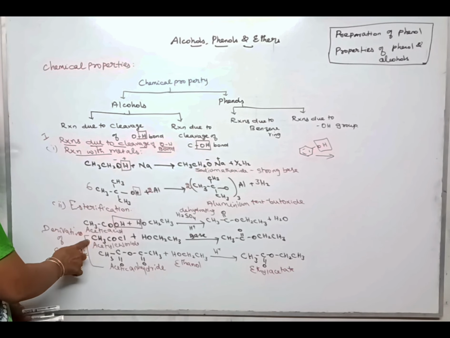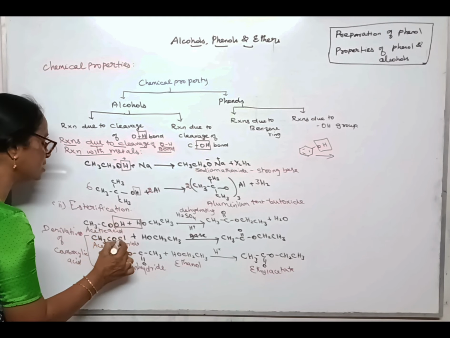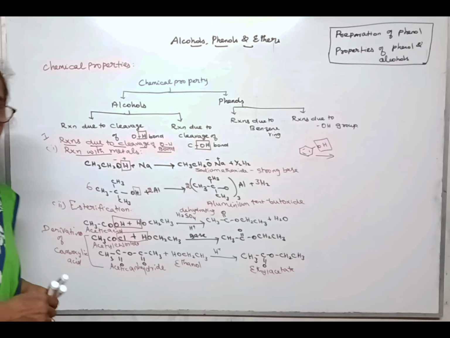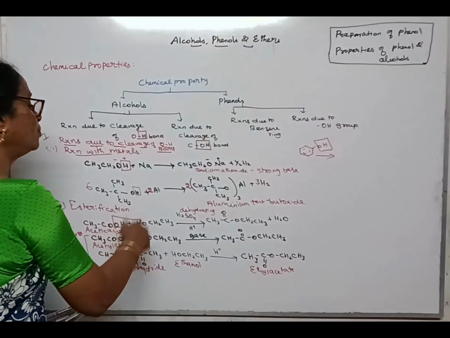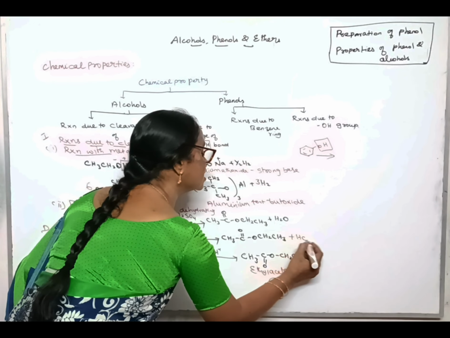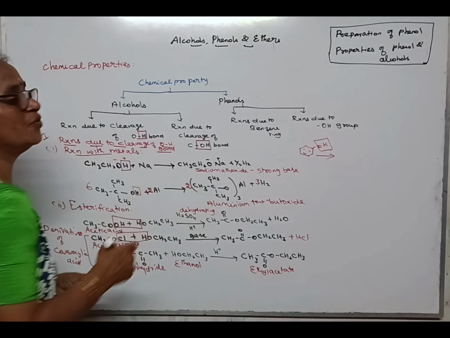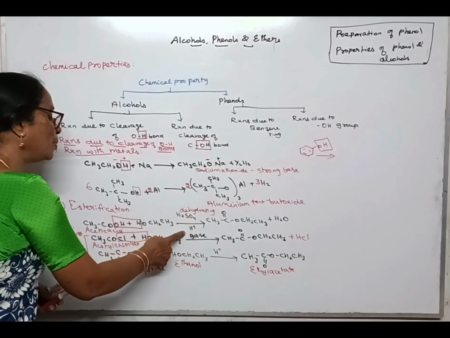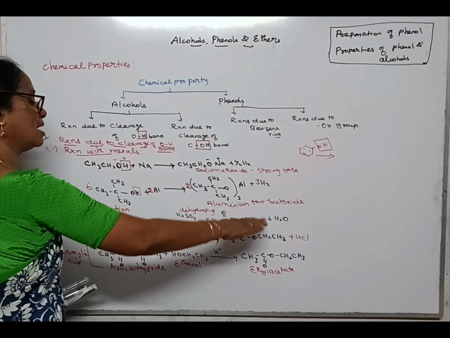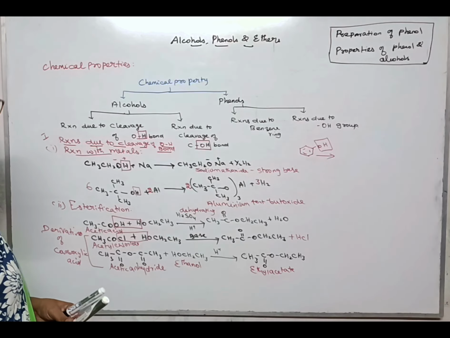When we have acetyl chloride, the leaving substance is HCl. HCl is a strong acid. So this acid produced has to be neutralized. That's why in this case we take a base for the reaction, because the presence of base may neutralize the acid, and hence the reaction will proceed in the forward direction.